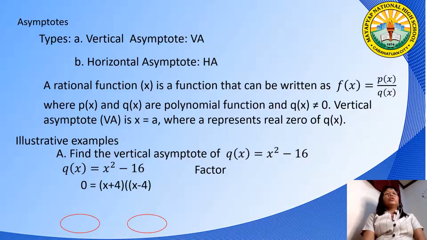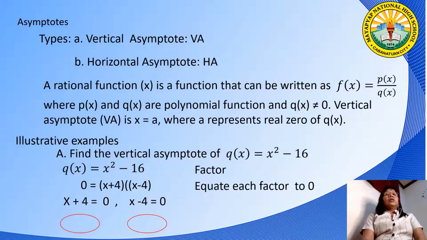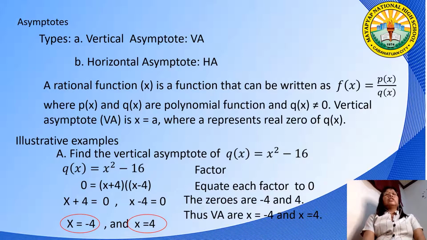Then equate to 0. x plus 4 equals 0 and x minus 4 equals 0, or x equals negative 4 and x equals positive 4. So the zeros are negative 4 and 4, thus the vertical asymptotes are x equals negative 4 and x equals positive 4.